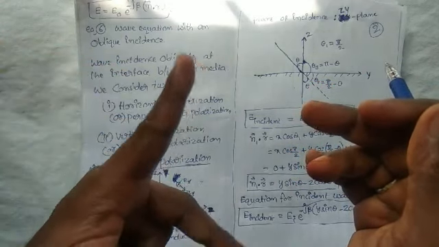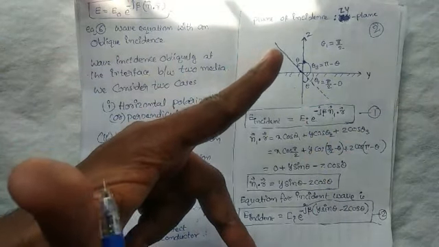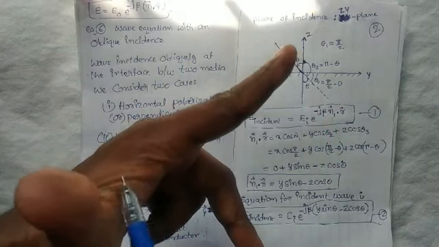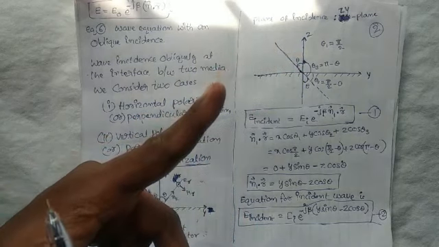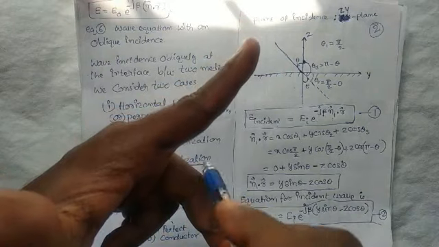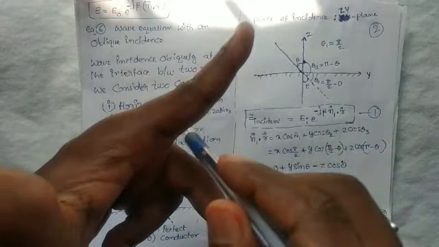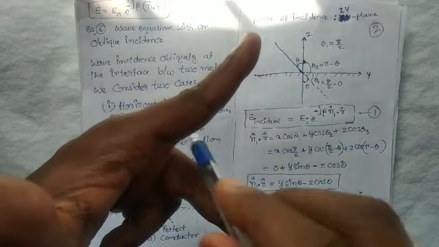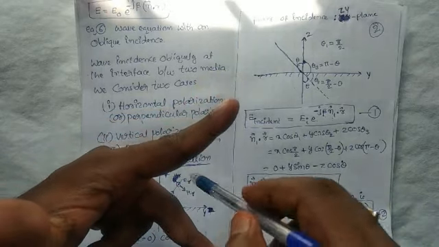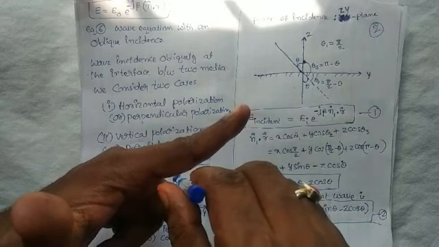For the reflected wave, it is like this. Which finger indicates the direction of the reflected wave? The forefinger indicates the direction of propagation of the reflected wave. The middle finger indicates the direction of the magnetic field intensity. The thumb indicates the direction of the electric field.